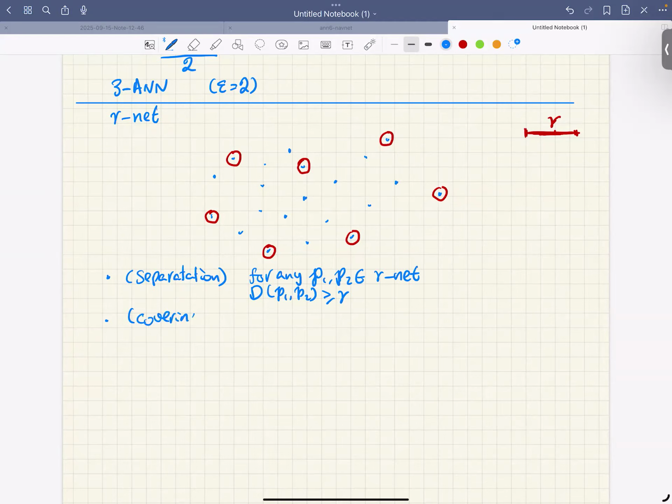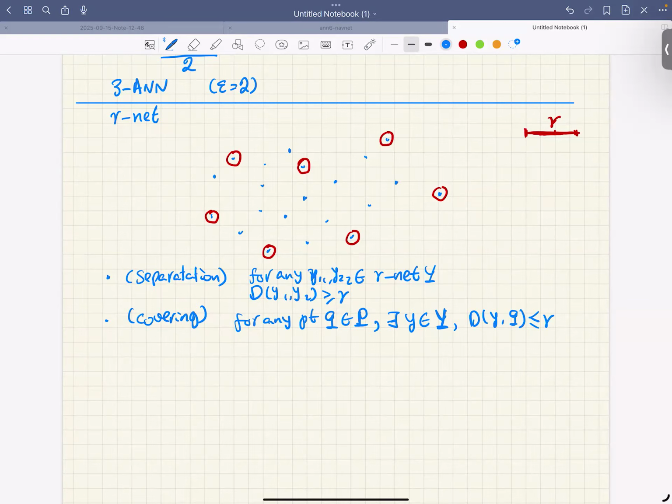The covering property says that for any point Q in the data set, there definitely is a point Y, and let's be consistent: I'll use Y to refer to points in an r-net, and let's say this r-net is big Y. So there definitely is a point Y that I have already chosen such that the distance from Y to your Q, some point in the data set, not in the metric space, is bounded by R. This is the separation property and also the covering property.